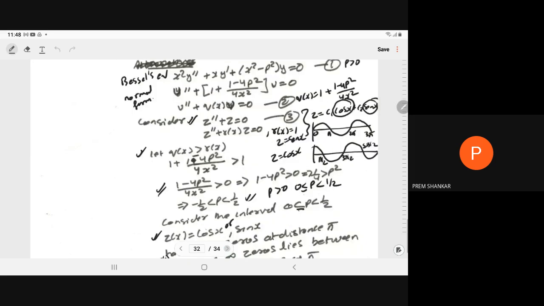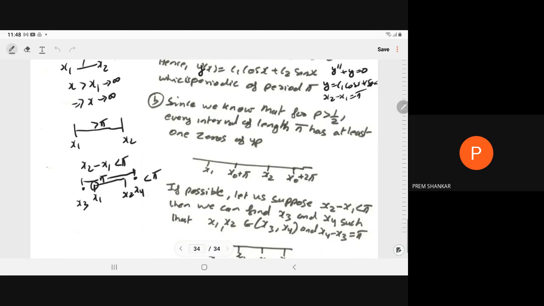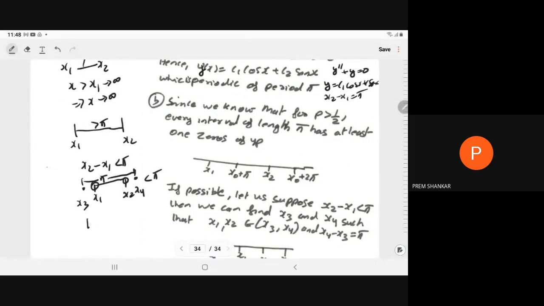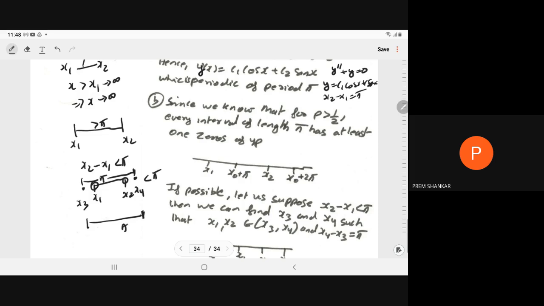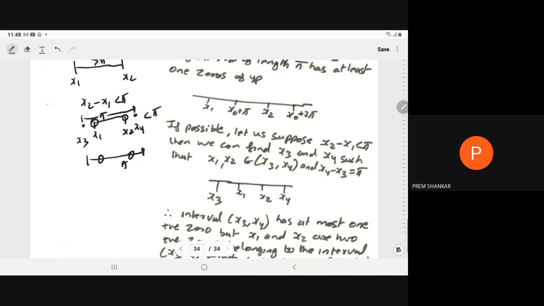But now you can see we have two zeros in the length of pi. So that again contradicts theorem 25c. So that cannot be possible.